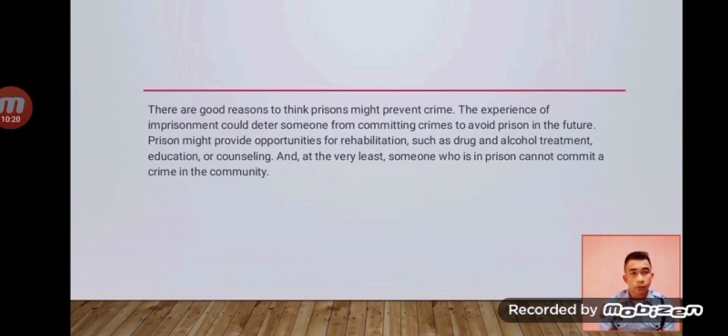There are good reasons to think prisons might prevent crime. The experience of imprisonment could deter someone from committing crimes to avoid prison in the future. Prison might provide opportunities for rehabilitation such as drug and alcohol treatment, education and counseling, and at the very least, someone who is in prison cannot commit a crime in the community.